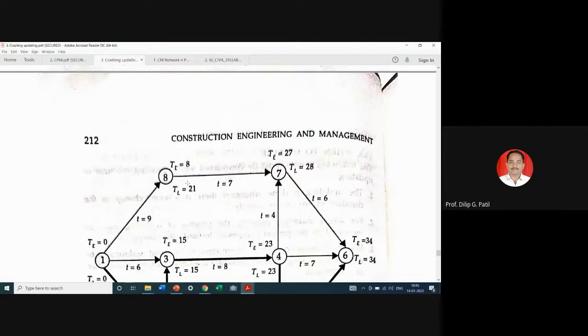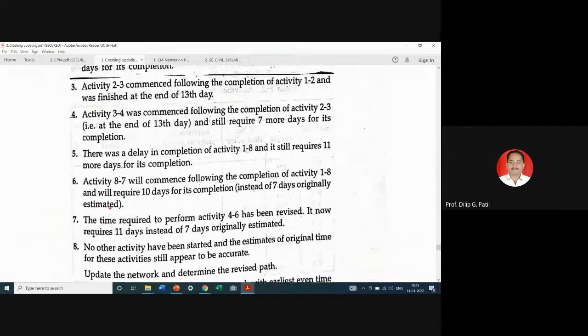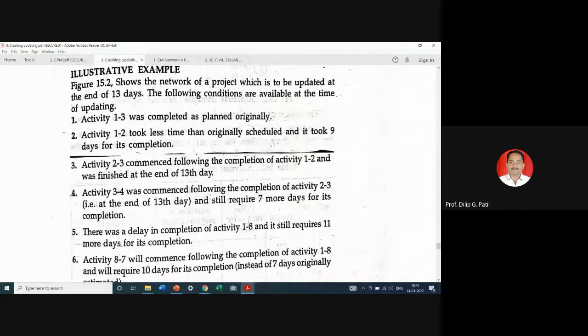As per the given conditions, we will see the project network. So activity 1-3 was completed as planned originally. The given conditions will be of three types.